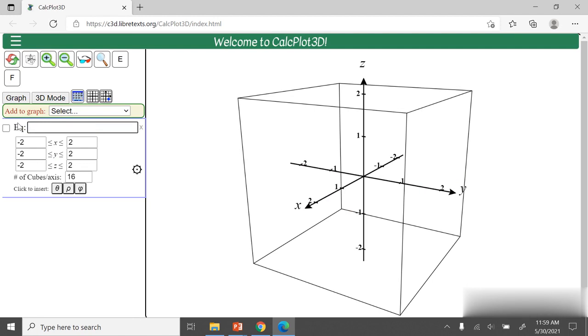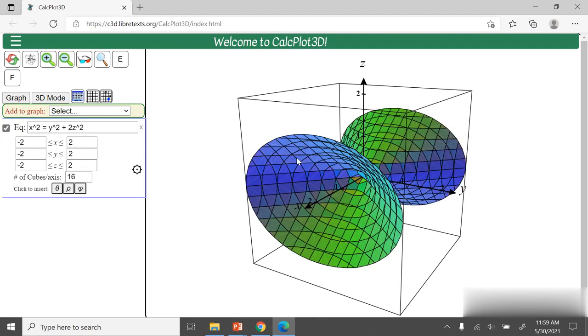And I'm just going to type in the cone we were working with, which was x squared equals y squared plus 2z squared. And then you can play around with the range of x, y's, and z's. I'm going to leave it as it is for now. But to make it appear, you just have to check that box to the left of your equation.